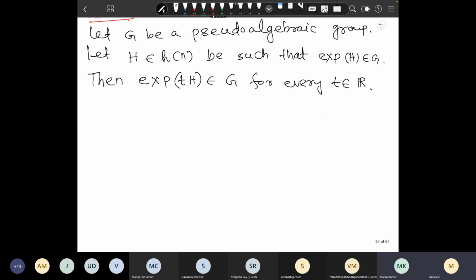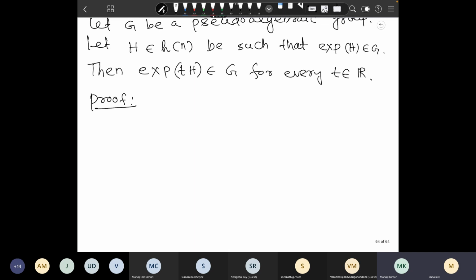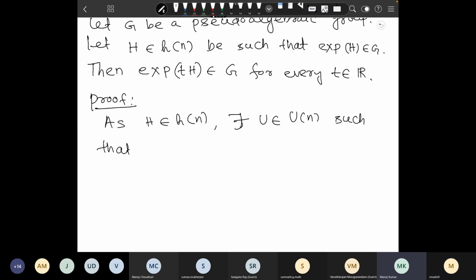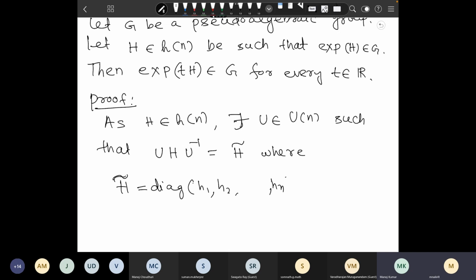Okay, proof. As H belongs to Hn, there exists U belonging to Un such that U H U inverse is equal to H tilde, where H tilde is diagonal, diagonal of h1, h2, up to hn.